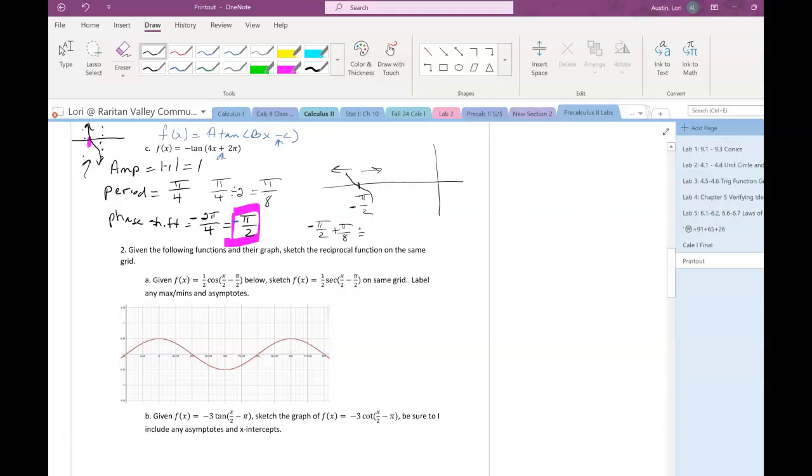well, you got to put it over 8, so it becomes negative 4 pi over 8 plus pi over 8. That's going to give you an asymptote at negative 3 pi over 8. And then when you subtract, it would be negative 4 pi over 8 minus pi over 8. That's going to give you an asymptote at negative 5 pi over 8.